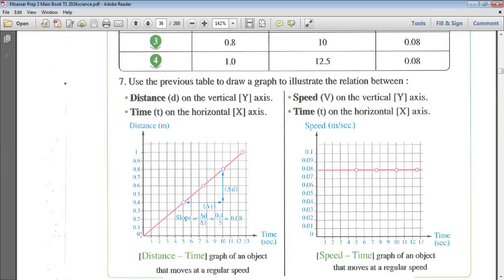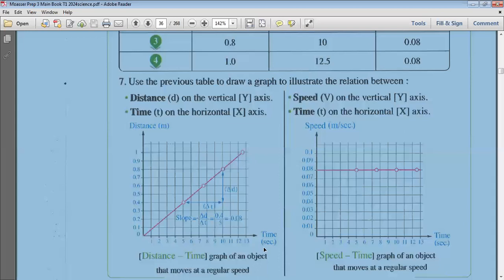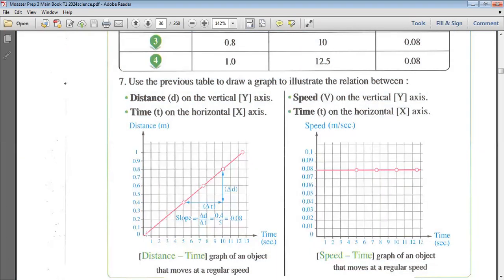It is represented by a straight line passing through the origin point. So the distance time graph of an object that moves with a regular speed is represented by a straight line passing through the origin point. Why?